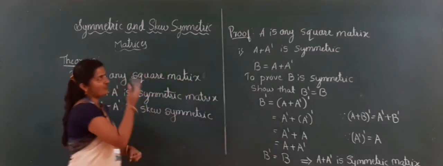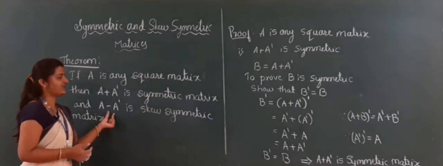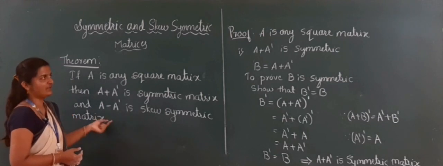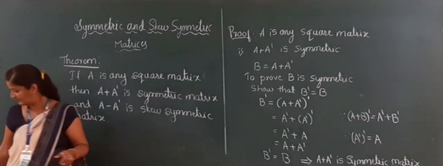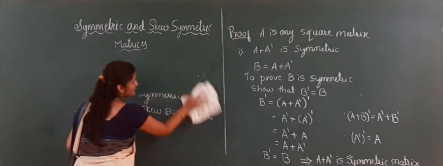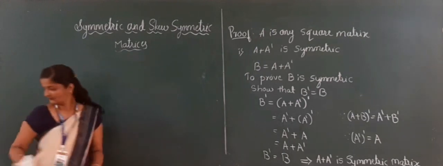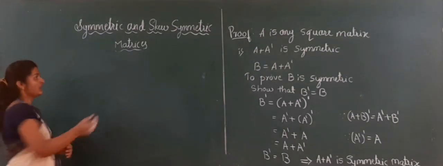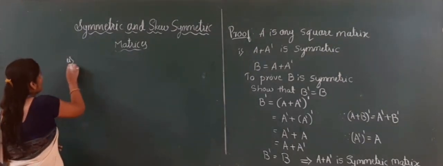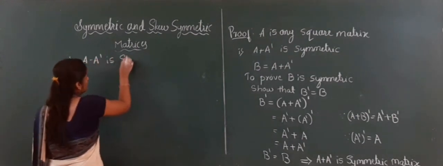Similarly, can we solve for A minus A dash being skew symmetric? They have given that A minus A dash is skew symmetric. I will solve it here. So, the second one, A minus A dash is skew symmetric.